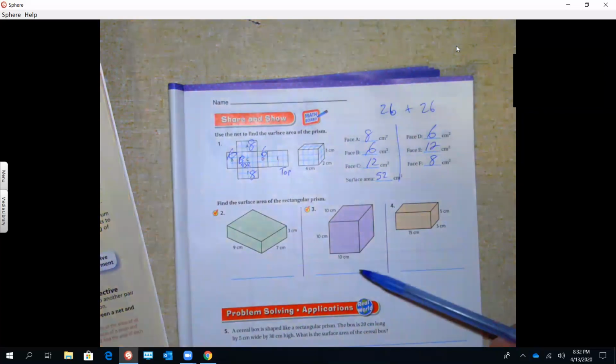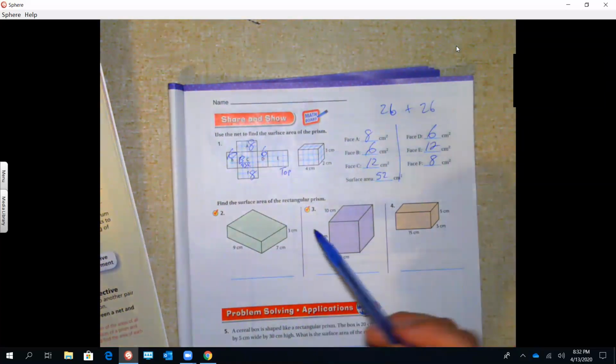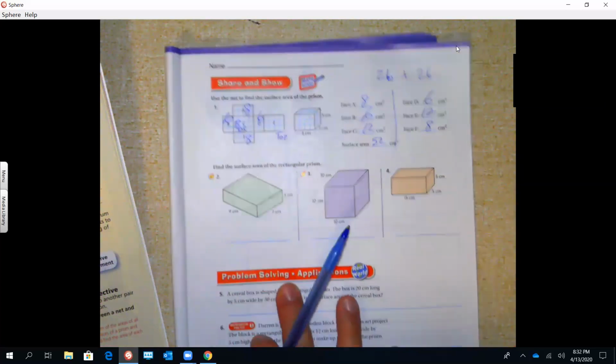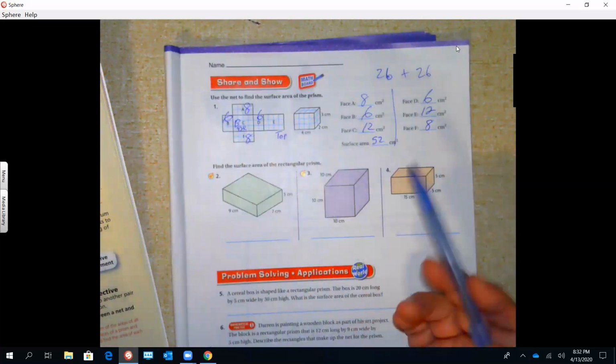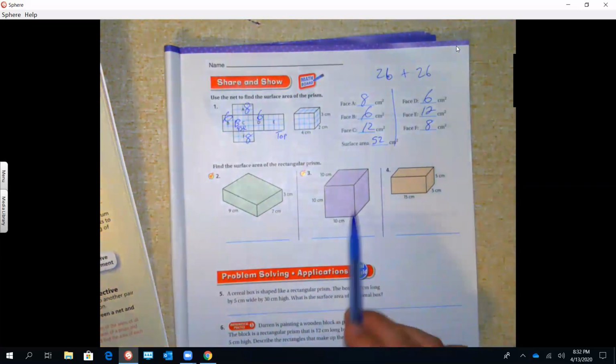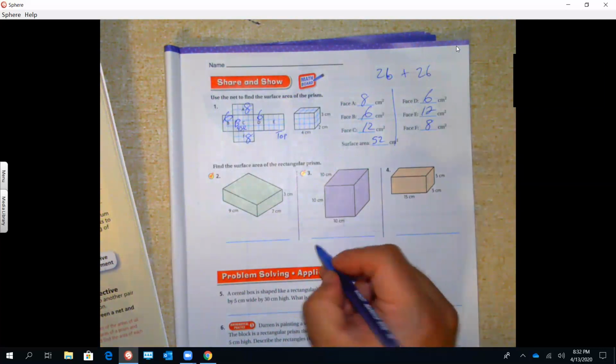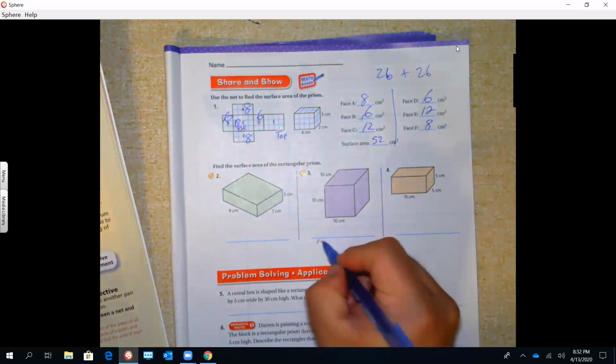So let's do some examples. Let's look at 3. 3 is a square. But we know that we have how many faces? Well, this has 6 faces. So they're all the same. So 10 times 10.